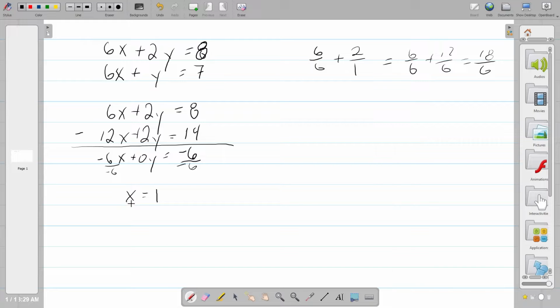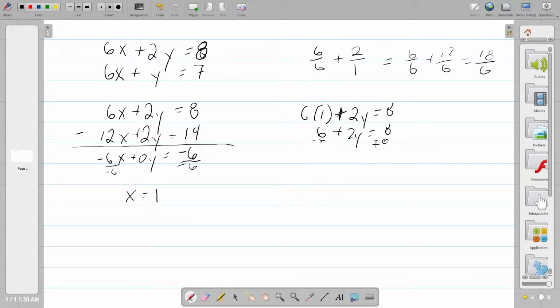If x equals 1, then we can go back to our equation up here. 6 times 1 plus 2y equals 8. 6 plus 2y equals 8.